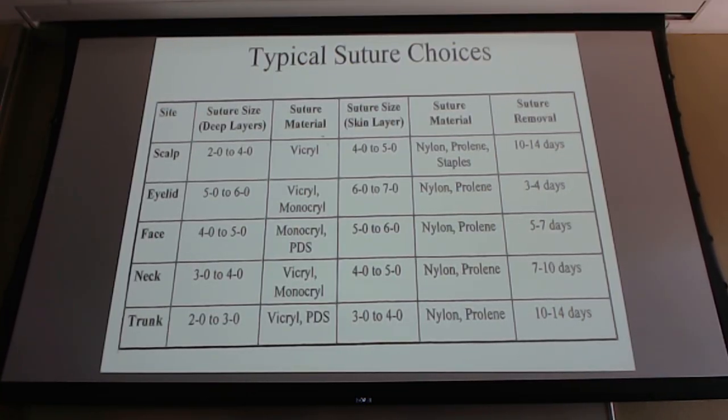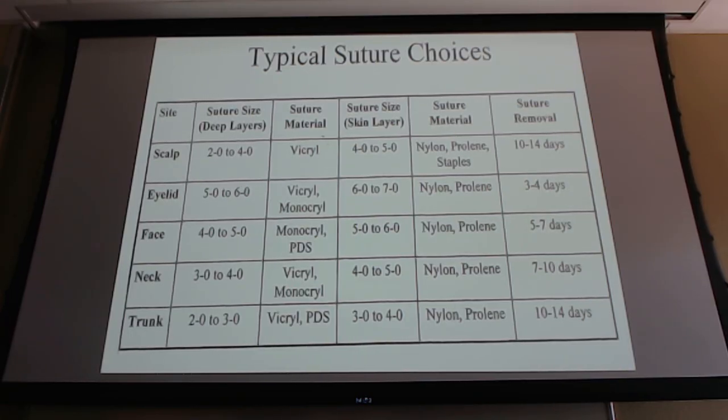That will tell us what the size and material are going to be. Is it deep? Then yes, I'm going to be using this one, but I'm also going to be using this one as well. If it's only superficial, then I don't have to think about deep stuff, so I would pick over here.